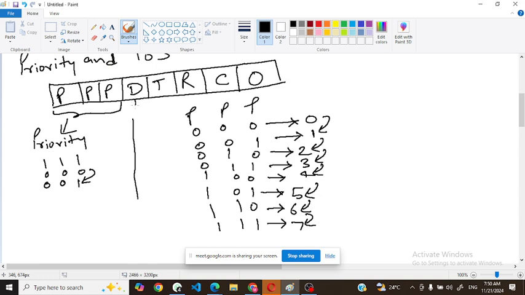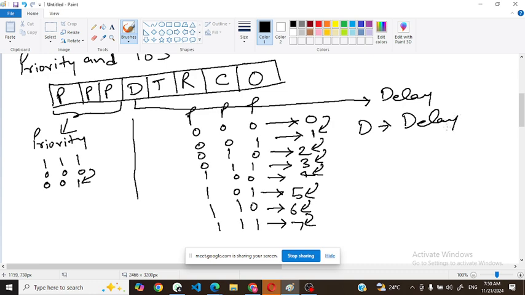The next, D, denotes delay. We will discuss delay in more detail in EIGRP. T denotes throughput.